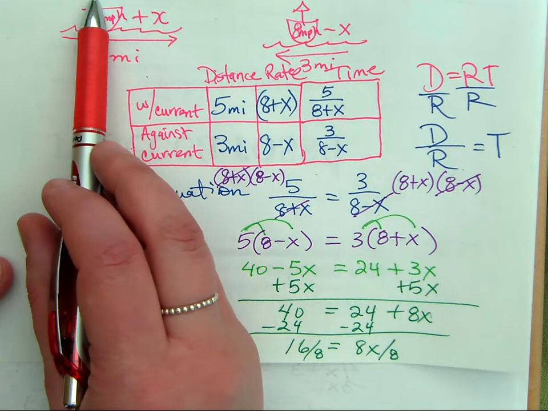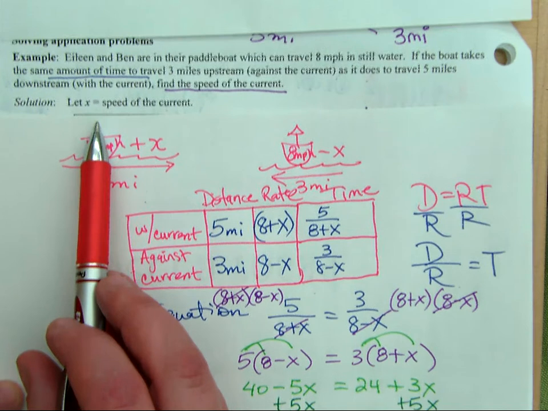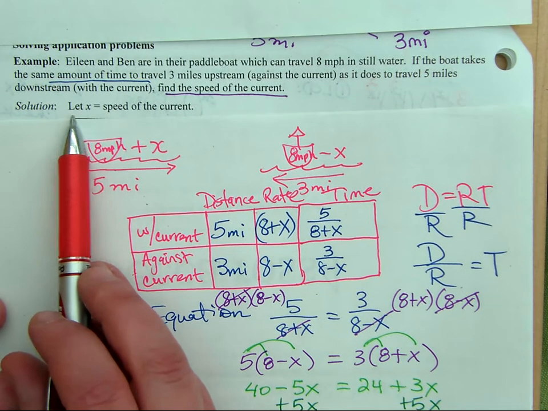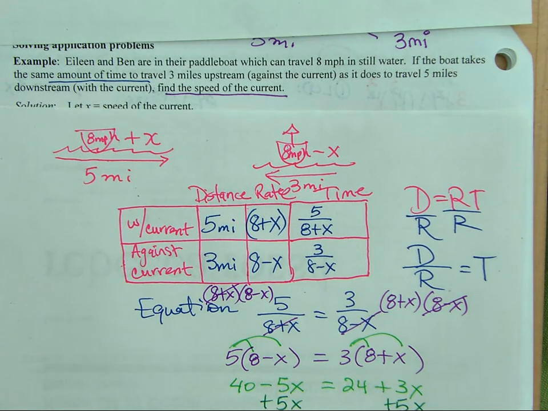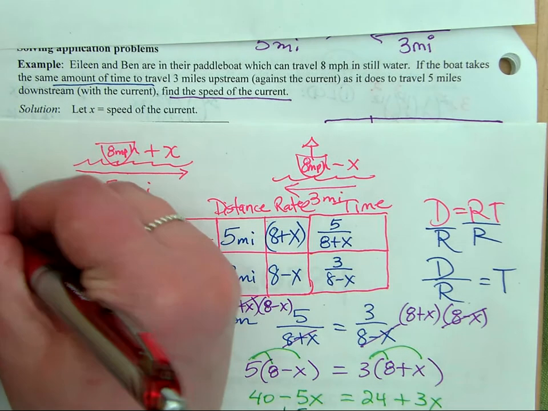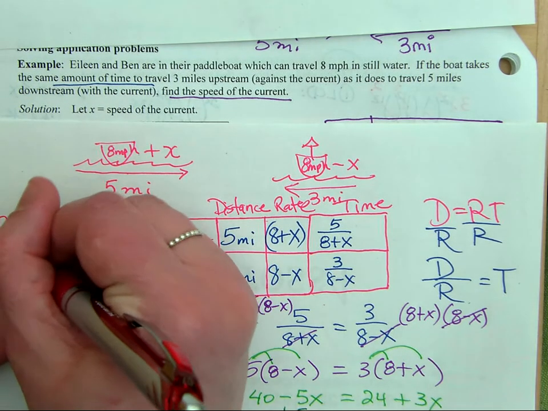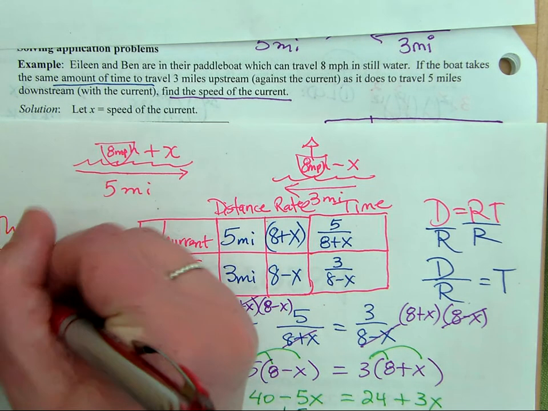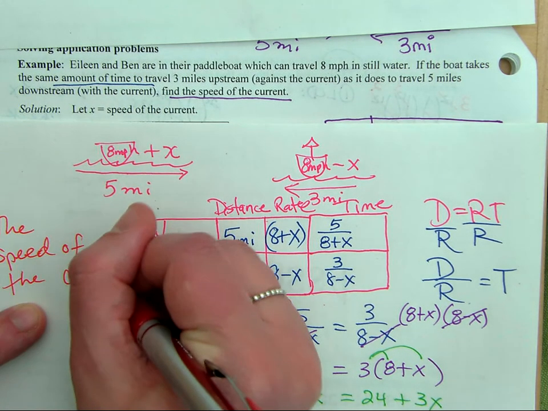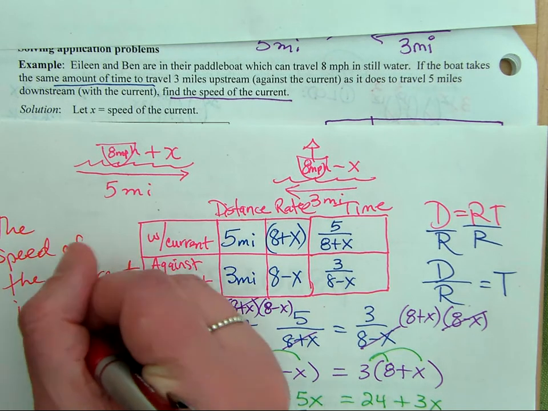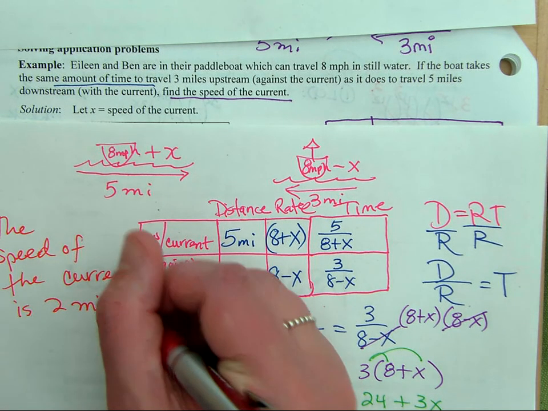Or what did x stand for? If we go back to the original problem, we set x to be the speed of the current. So how fast is the current then? 2 miles per hour. So the speed of the current is 2 miles per hour.